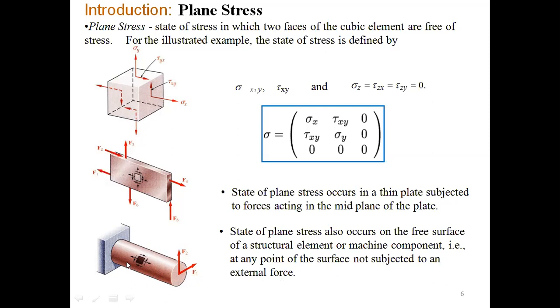The force is acting on the component, but on this other surface there is a possibility of a triaxial stress problem overall, but this surface is free of loading. So here we would have a plane stress problem.